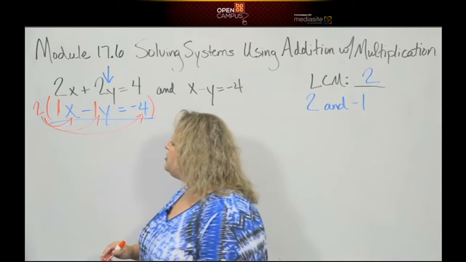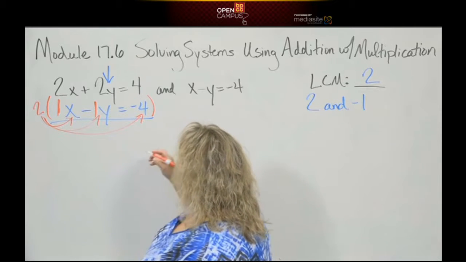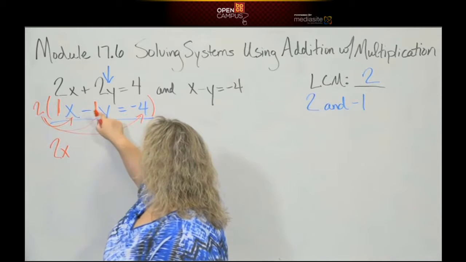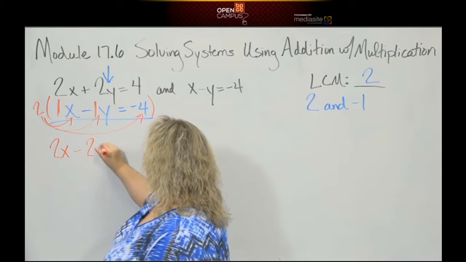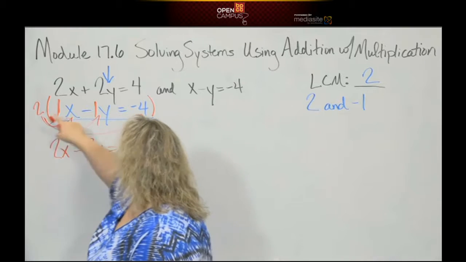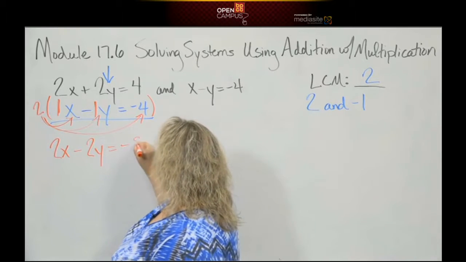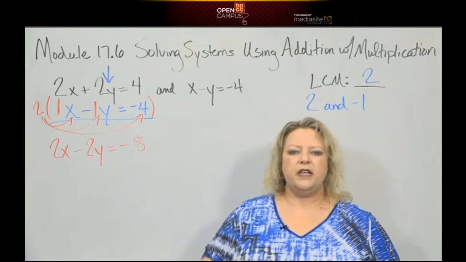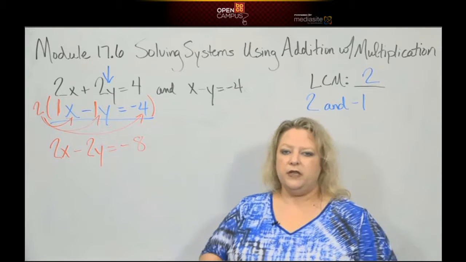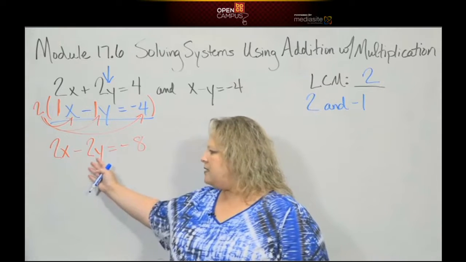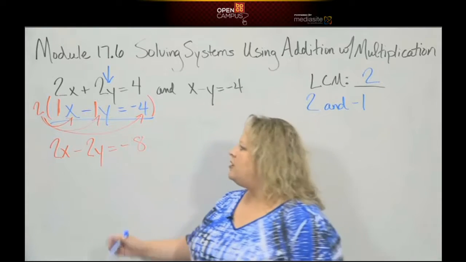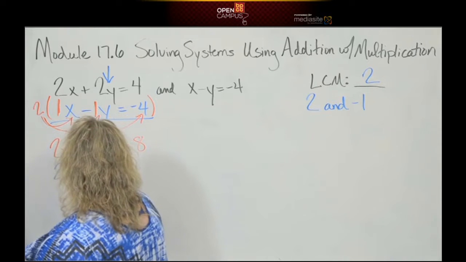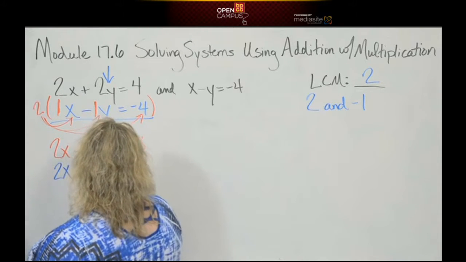So when I do my distributive property, I have 2x. 2 times negative 1y gives me negative 2y equals 2 times negative 4 gives me negative 8. All I did was rewrite the equation. I didn't really change the value of the equation. I just needed this to be a negative 2y so that when I add the original from the top, 2x plus 2y is equal to 4.